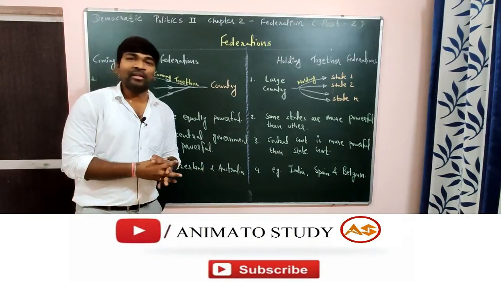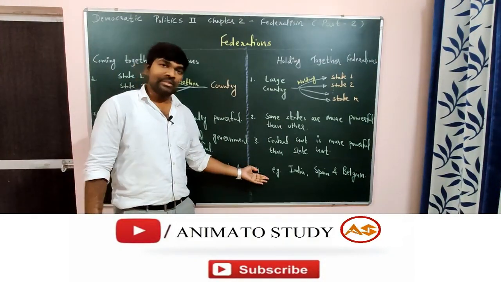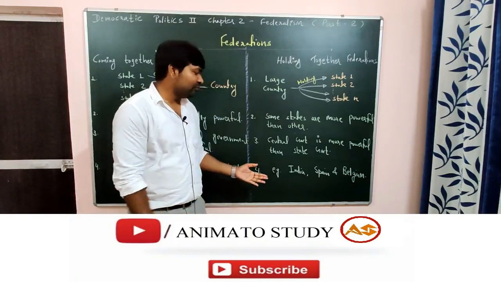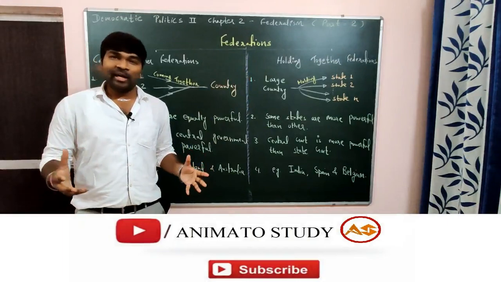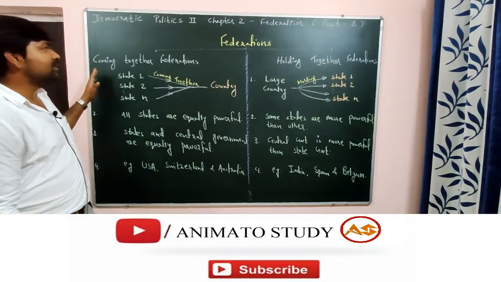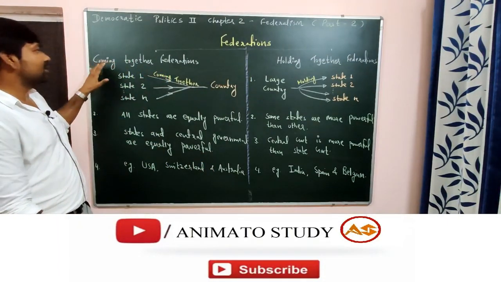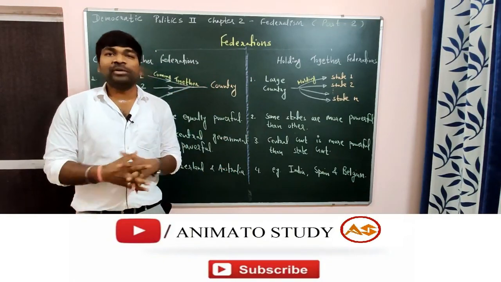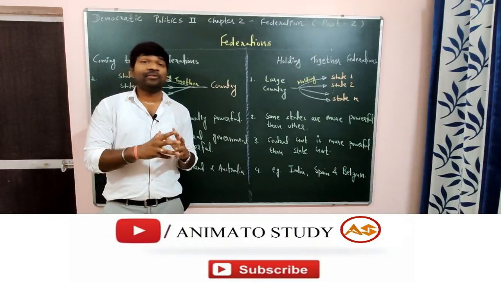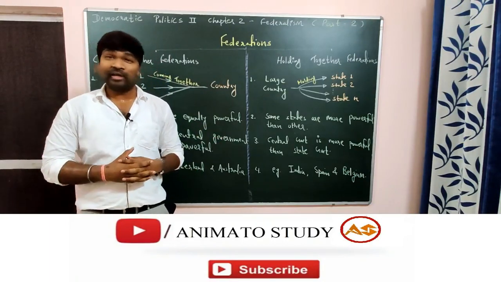In that way you can remember. Now let's see the examples of holding together federations. Here we have India, Spain and Belgium. In that way we can understand the differences between the two types of federations, that is coming together federation and holding together federation.